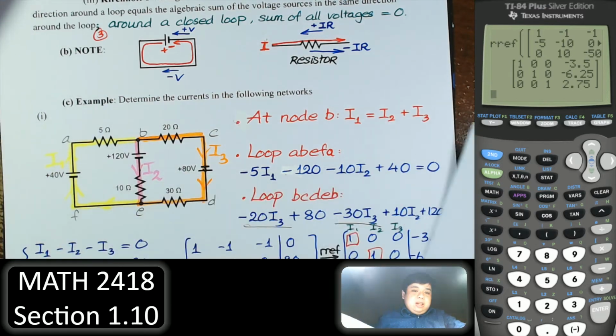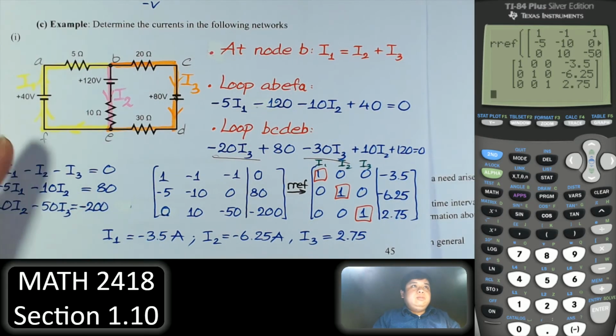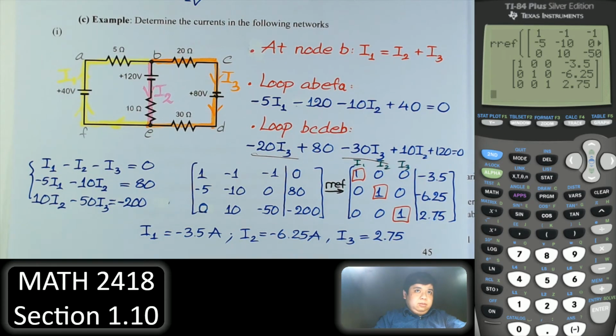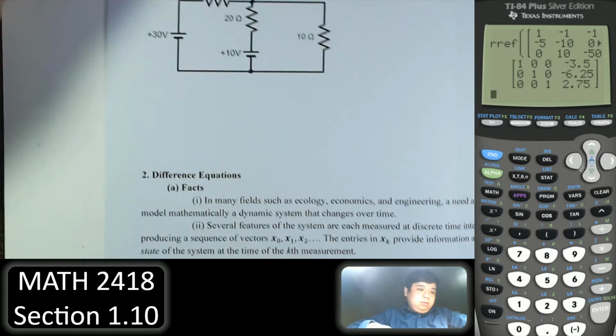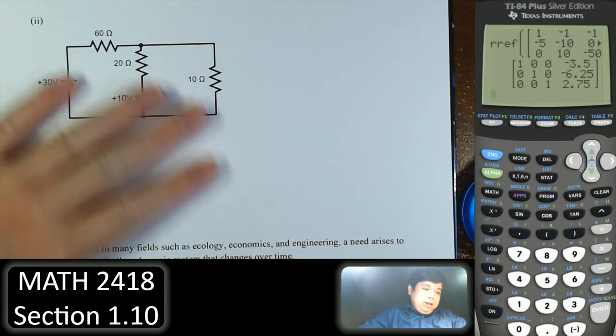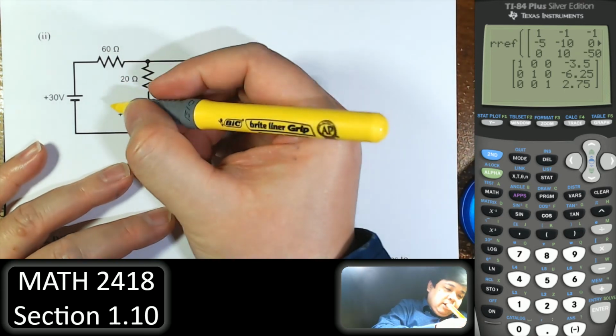So look at another example. Right. So this again, let's just assume that some currents flow this way.